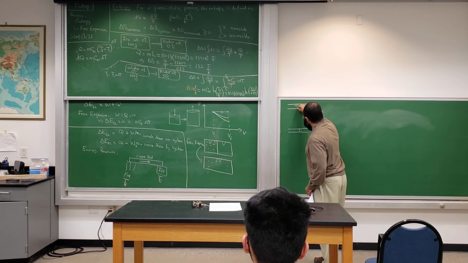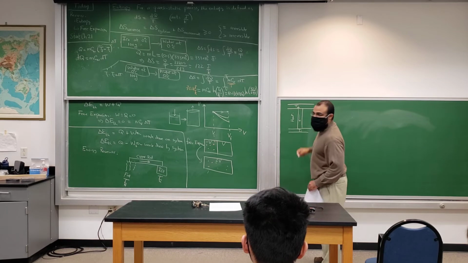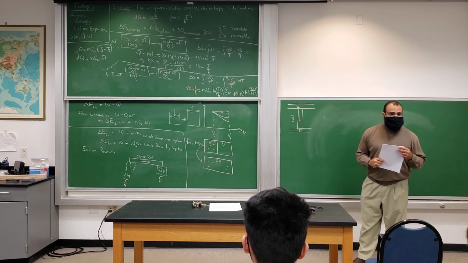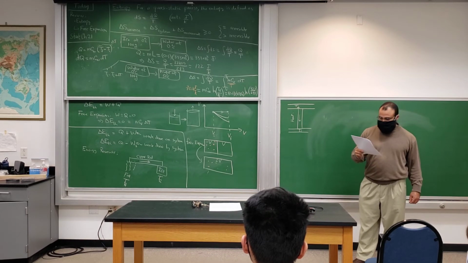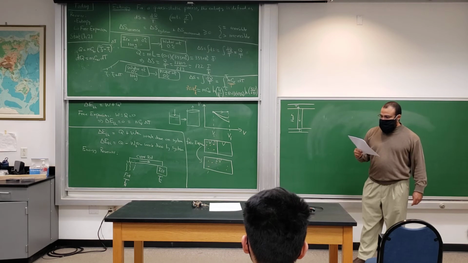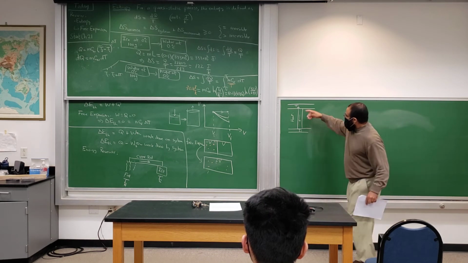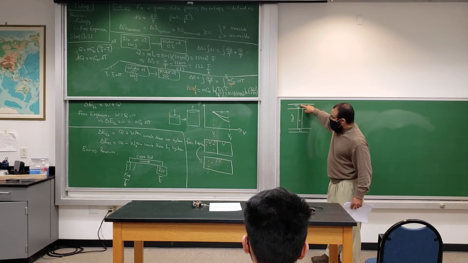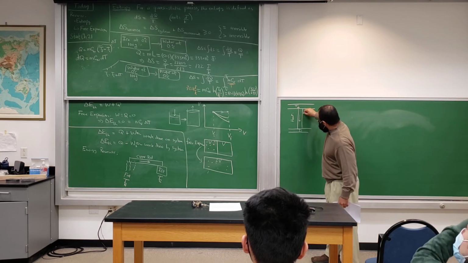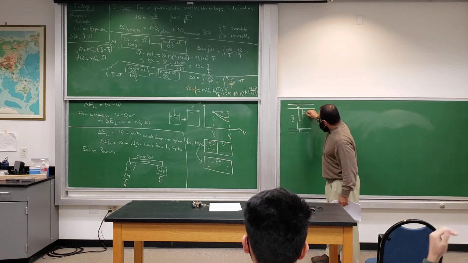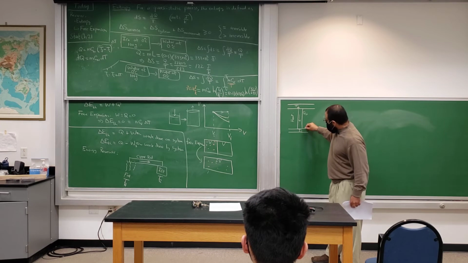And then heat will flow this way, right? That's the heat. It will flow from hot to cold. So that's one way. That's good. And the heat that flows from the hot reservoir is called QH, and the heat that arrives at the cold reservoir is called Q cold, QC.